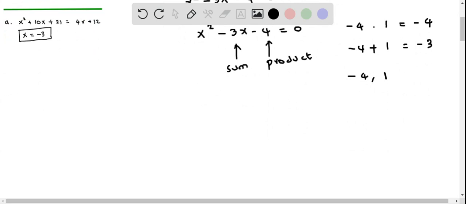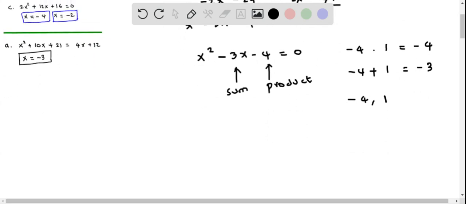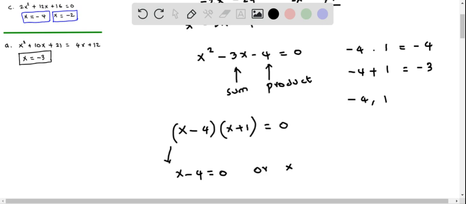Therefore, we can rewrite this quadratic equation in factor form as x minus 4, one of the factors, and then x plus the other factor, that is positive 1. This equals 0. Now we can apply the zero product property. So we have two equations, x minus 4 equals 0 or x plus 1 equals 0.